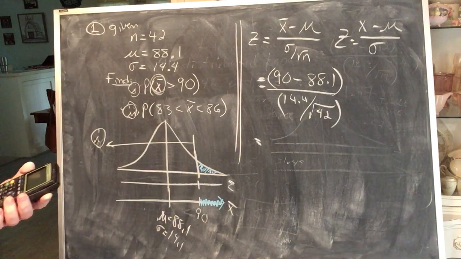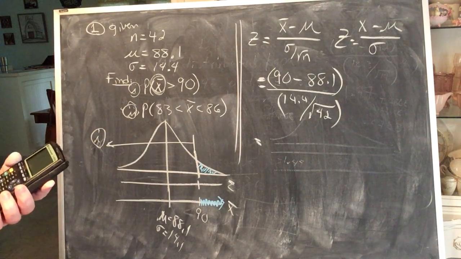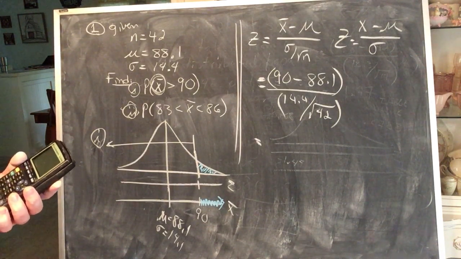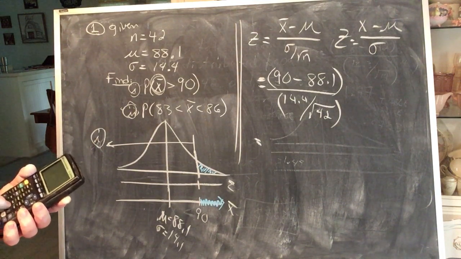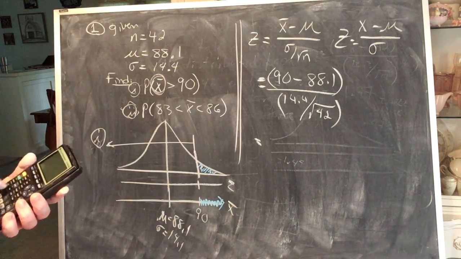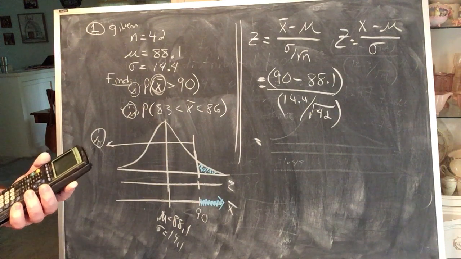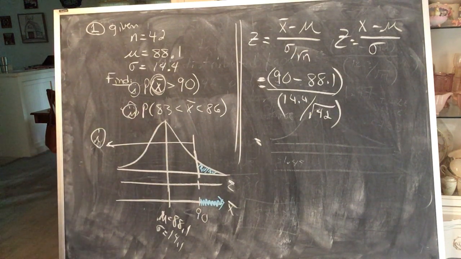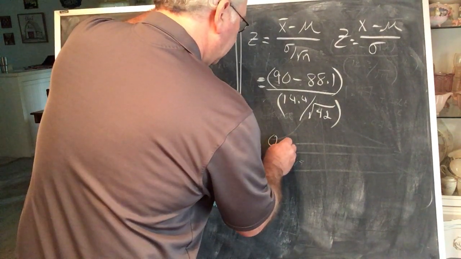So make sure you can make your machine find that value. I'm going to open parenthesis, 90 minus 88.1, close, divide by, open, 14.4 divided by the square root of 42, close, and I have 0.855. I'm going to round that.